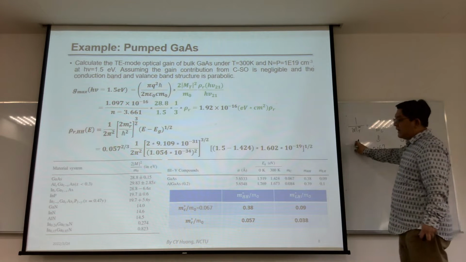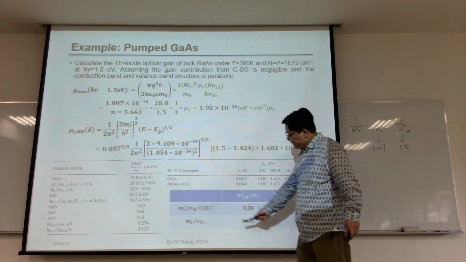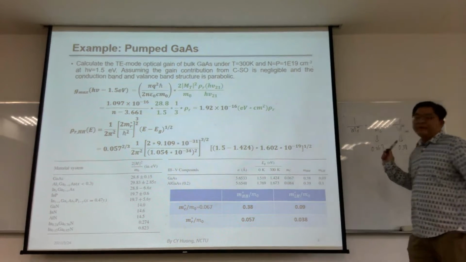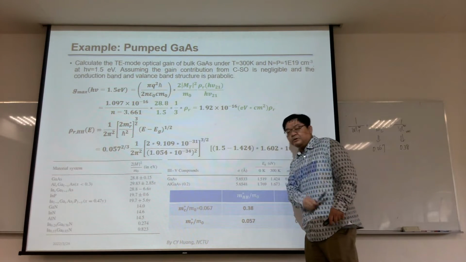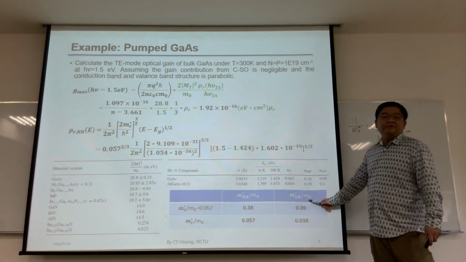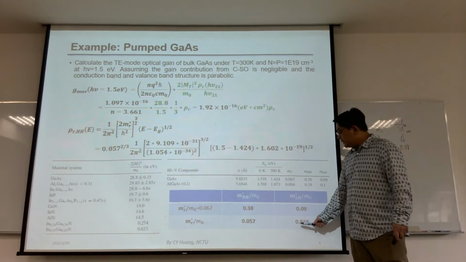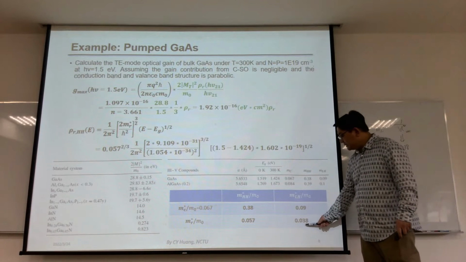Then after calculation, the effective density of states for the conduction band to heavy hole transition should be 0.057. We do the same thing for the light hole transition, so the reduced density of states for such a transition is 0.38.